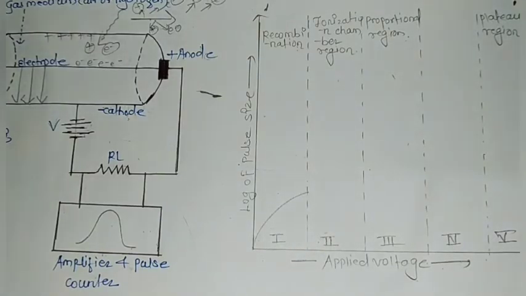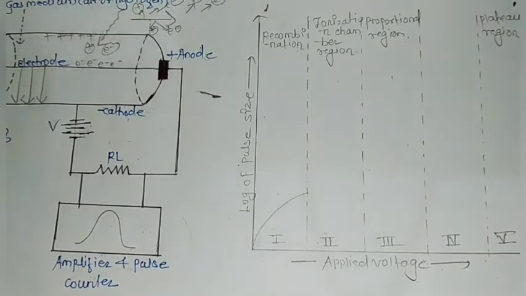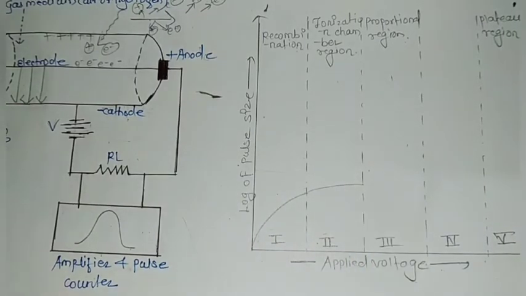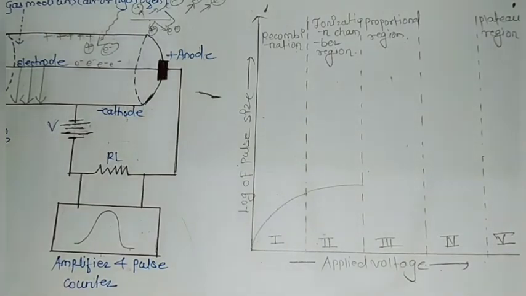So this is the maximum current pulse possible due to the primary ionization, and further increase in voltage will not contribute towards an increase in the current signal. So the first region is distinguishable by the presence of recombination, and increasing the voltage decreases the recombination, and we end up getting the maximum current size possible for a particular energy of the nuclear radiation.